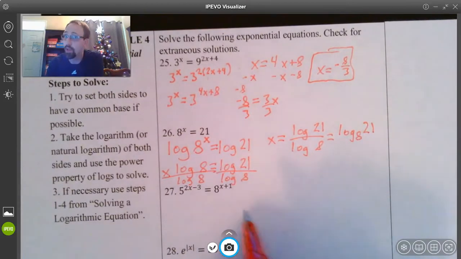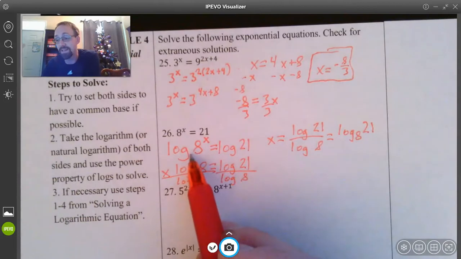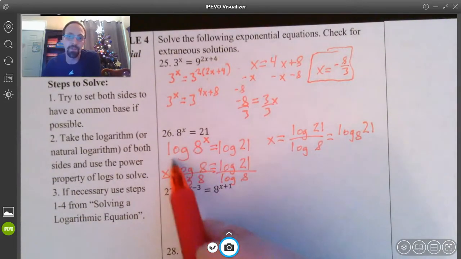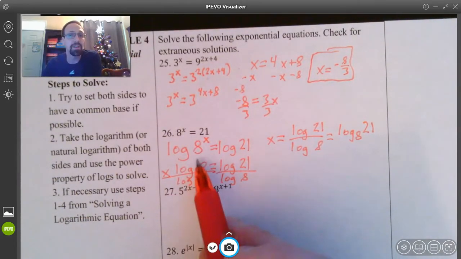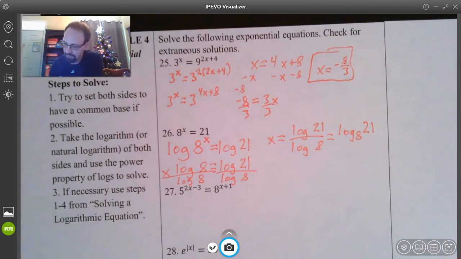It doesn't have to be log base 10. So by choosing log base 8 instead, you actually simplify this in a very easy step, and you're done with the problem because there's no simplification at that point. Again, I verified this in the other video. You should verify that this is in fact true, and that log base 8 of 21 is the same as log of 21 divided by log of 8.